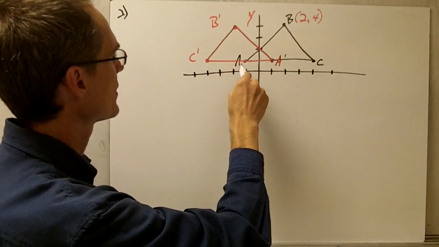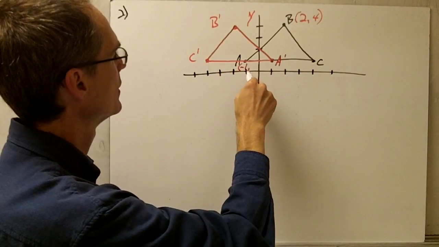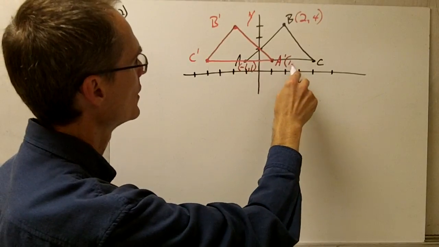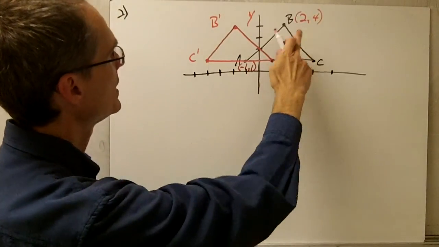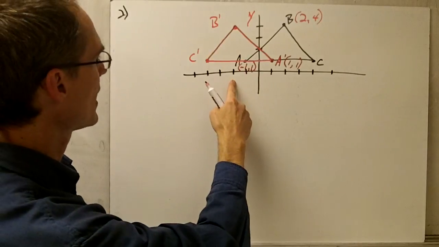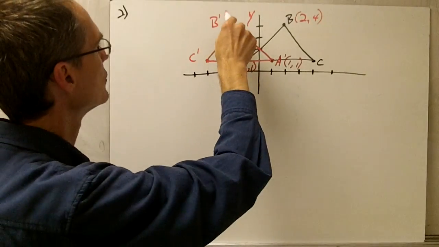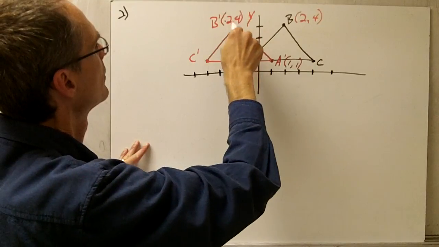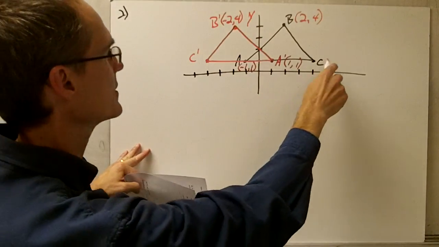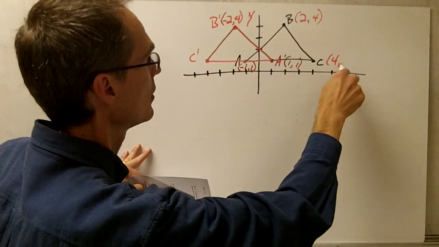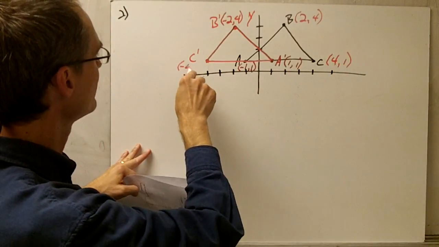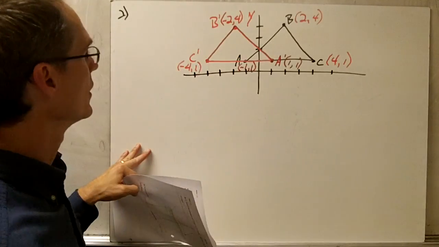A started out again as -1, 1, and so A prime is now 1, 1. B is 2, 4, and B prime is -2, 4. And C is 4, 1, and C prime is -4, 1.